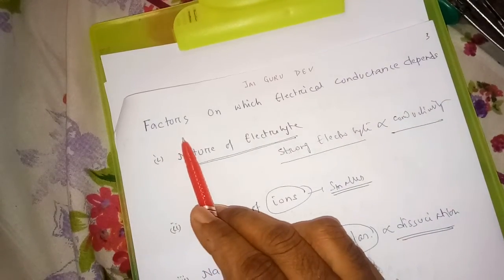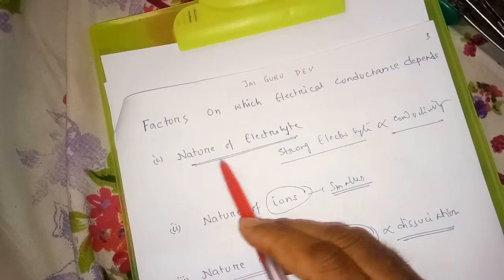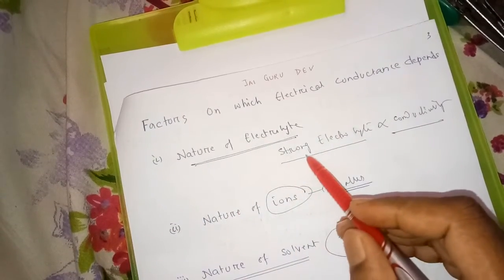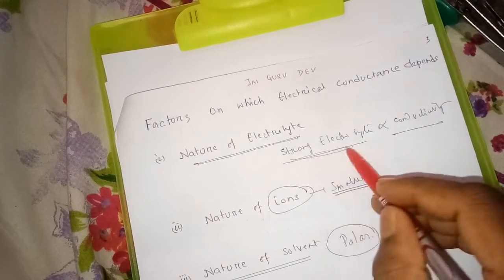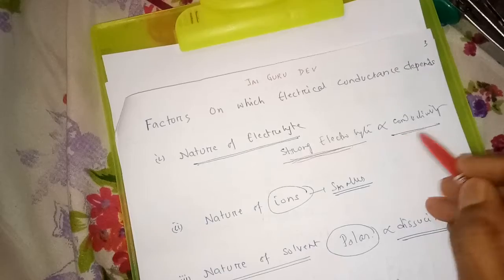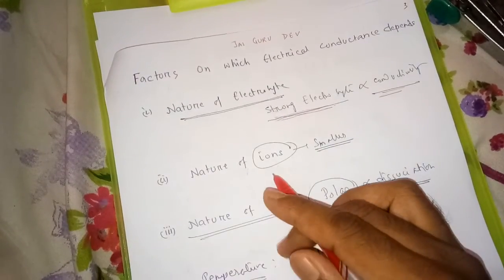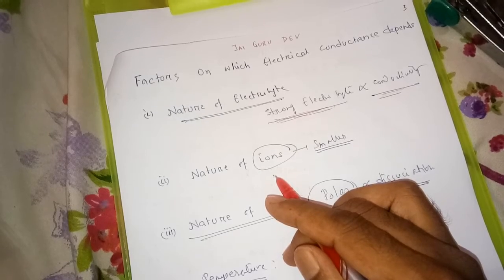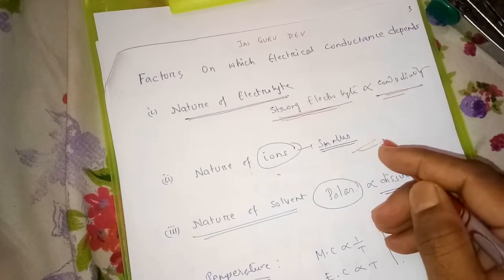So next is factors on which electrical conductance depends. Number 1, nature of electrolyte. A strong electrolyte, which dissociates at a higher rate, nearly 100%, has more conductivity compared to a weak electrolyte. Nature of ion: if the ion is small, it can move very easily, mobility is high, and automatically conductivity is high.